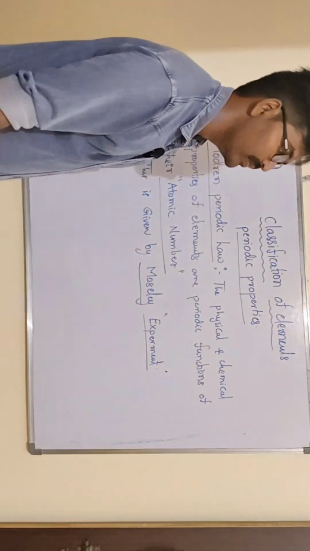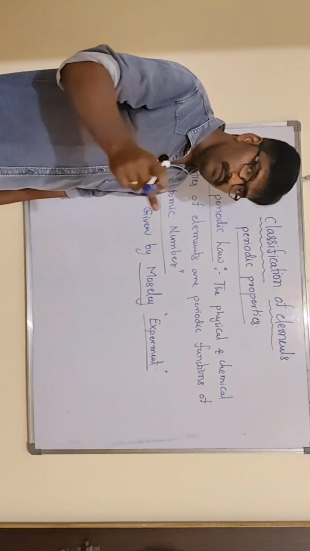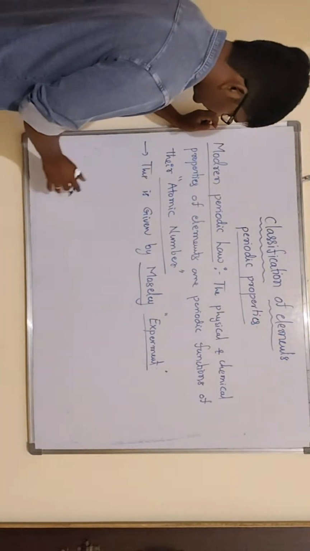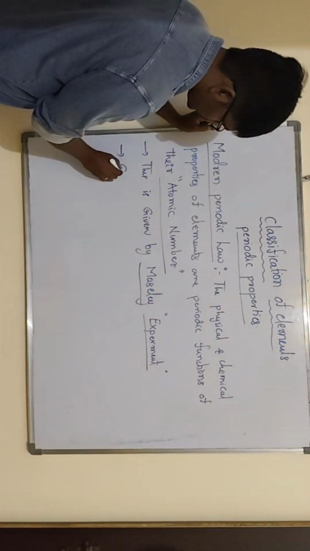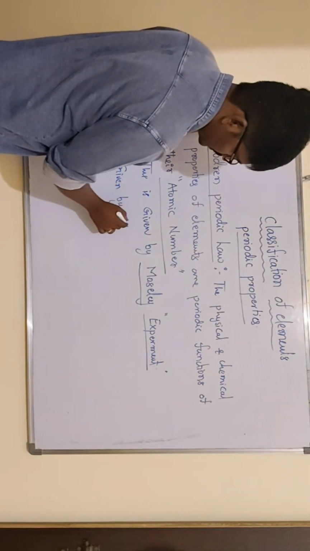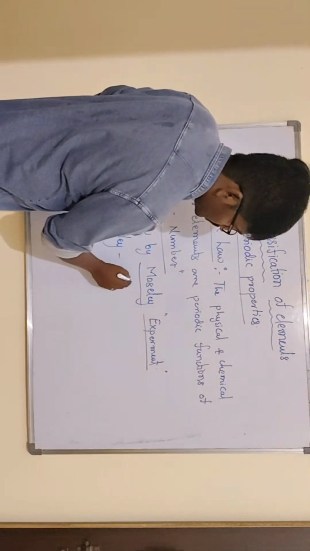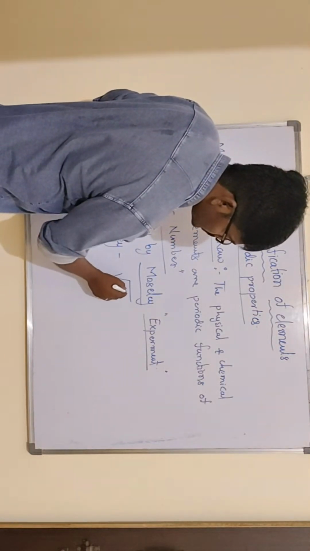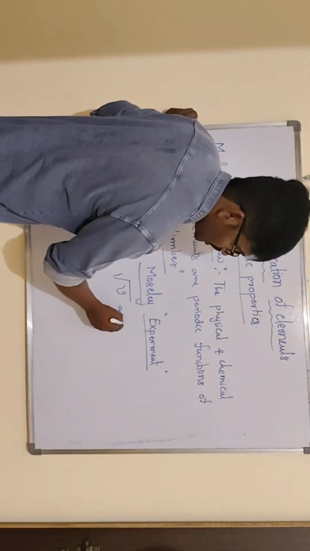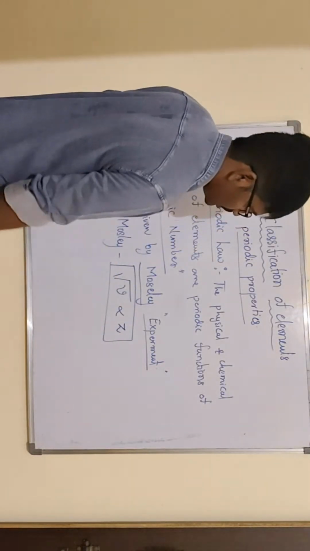As their atomic numbers increase, the frequency of X-rays also increases. So the statement given by Moseley is that the square root of the frequency of X-rays is directly proportional to atomic number. This is very, very important.